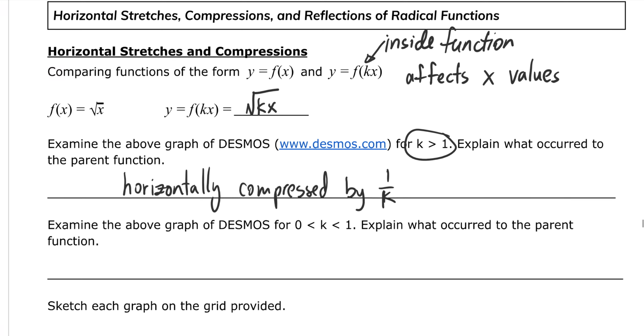Horizontally compressed by 1 over k. Okay? That means you're multiplying all your x values by 1 over k.